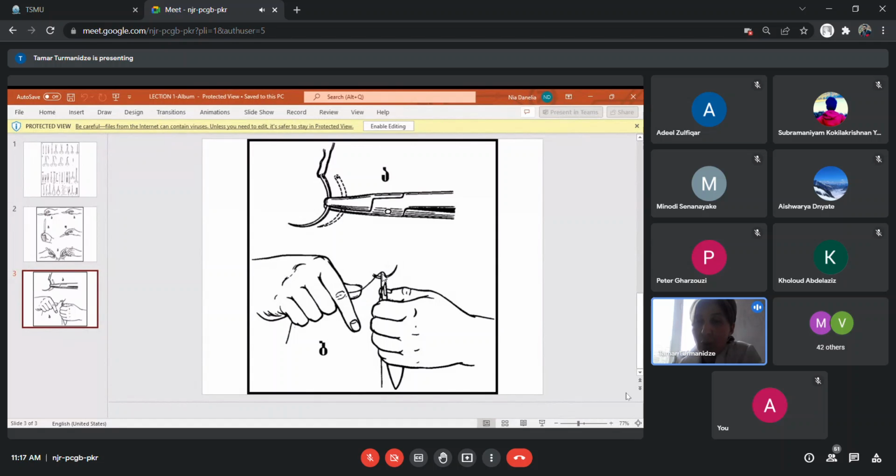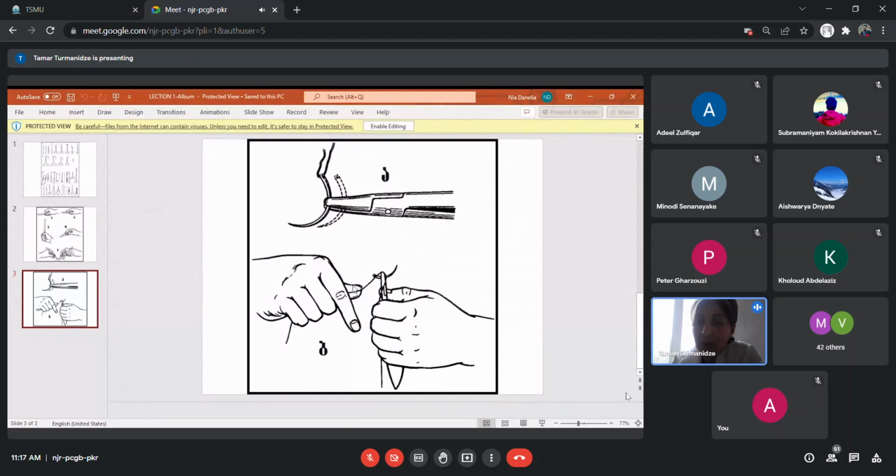It is placed in the middle part of the needle holder, at the border of the upper and lower part, at the level of the middle part of the branches of the needle holder, so that two-thirds of the needle is toward the tip and one-third toward the hole, and then the thread is held with the instrument from outside and placed inside the hole of the needle.